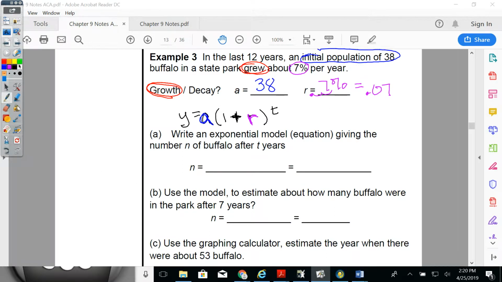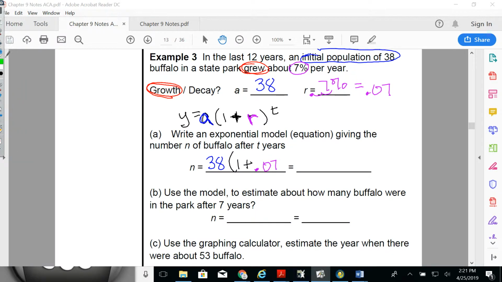So plugging it into the formula, we get a is 38, so 38 times 1 plus r, which is 0.07. And we don't know what time is for the model, so we just leave it as t. So adding those together, 38 times 1.07 to the t power. So this would be our growth factor if that's what it asks for. It's the entire base, but we really don't need that part here.